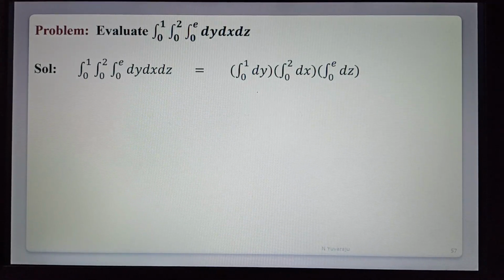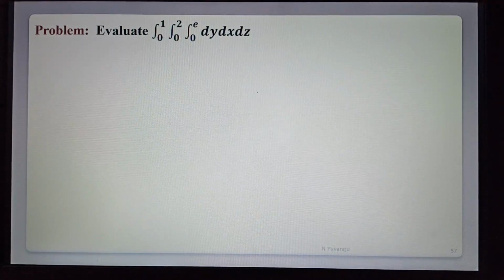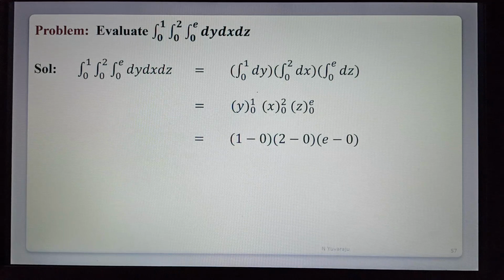So that is equal to the integration of 1, y limit 0 to 1, integration of 1, x 0 to 2, integration of 1, z 0 to e. Substituting the limits: 1 minus 0, 2 minus 0, e minus 0, that is equal to 2e. So this is the required result of the given integration.